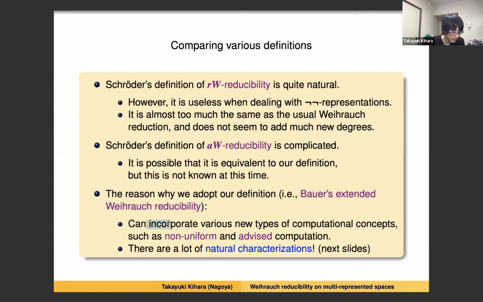As we have seen, the main advantage is that it allows us to analyze double negation type problems such as non-uniform computability and advanced computability. There is an even bigger reason. In fact, the first definition of Weihrauch reducibility on multi-represented spaces has a lot of natural characterizations. This is an advantage. I'd like to explain this.